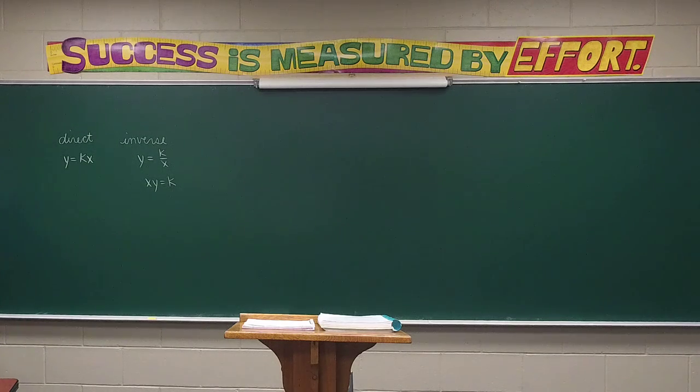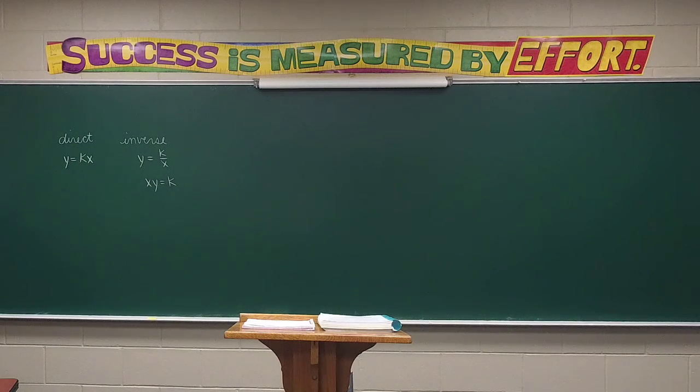If we were to define direct variation, obviously we've got 3 things here, right? We've got a letter that's by itself, class, we call the dependent variable. We have the k, which is going to represent our constant, because in each scenario it will be constant. And then we've got the x, which we'll call our independent variable.